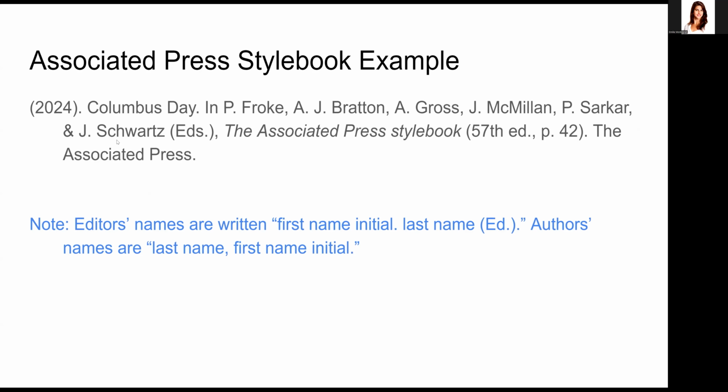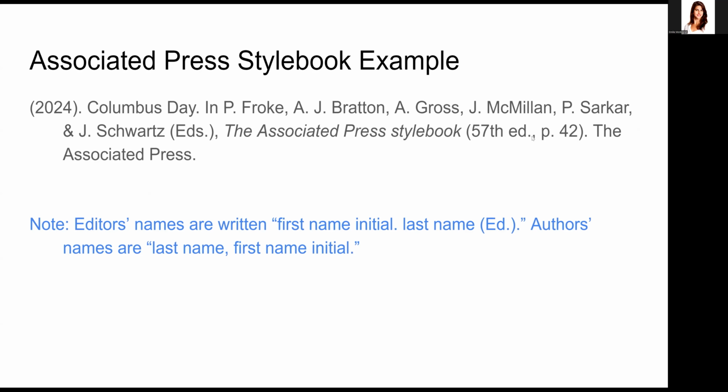We are using a comma and an ampersand before the last person, and we have that little mark right here, Eds., that stands for editors, and that's in parentheses. It's a little period, and then a comma and the Associated Press style book. So the name of the textbook, and in parentheses after the italicized name of the textbook, we have 57th edition.